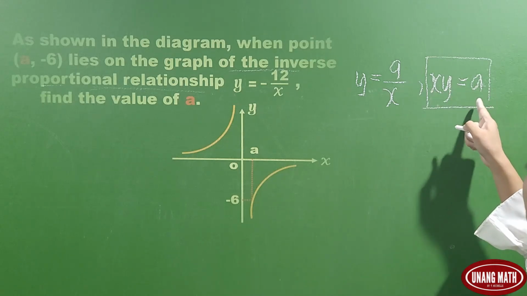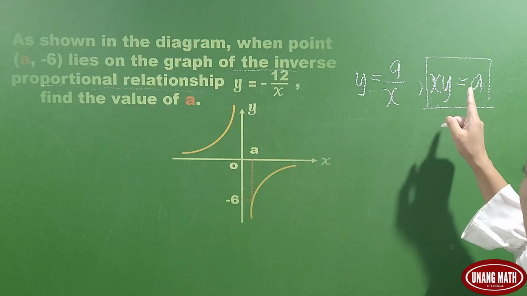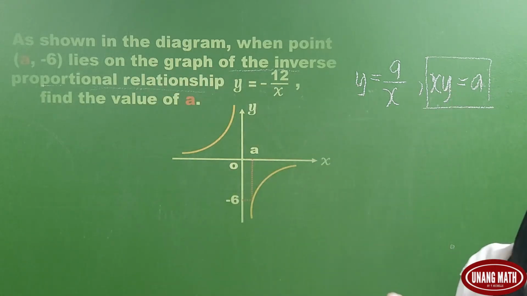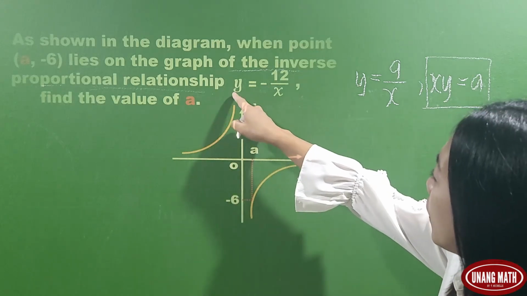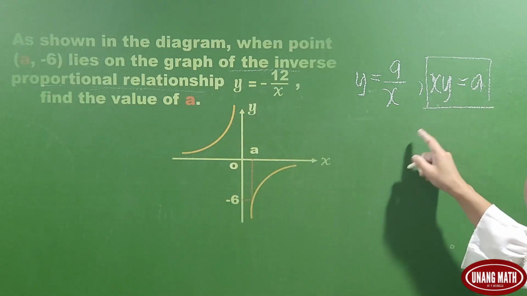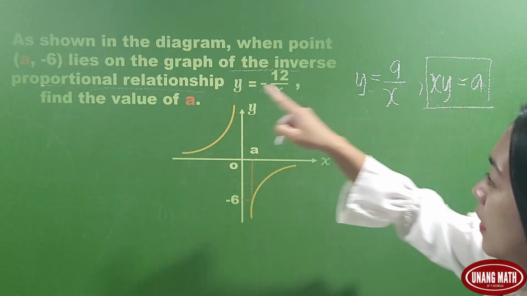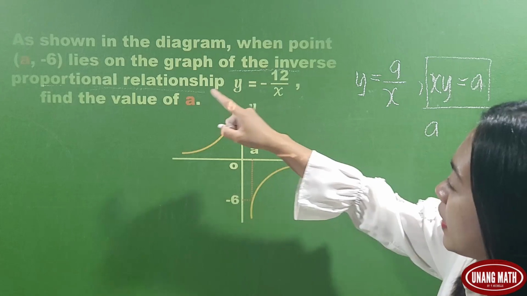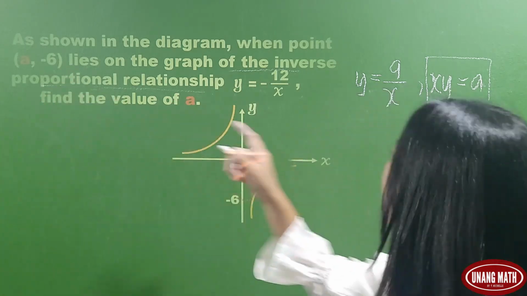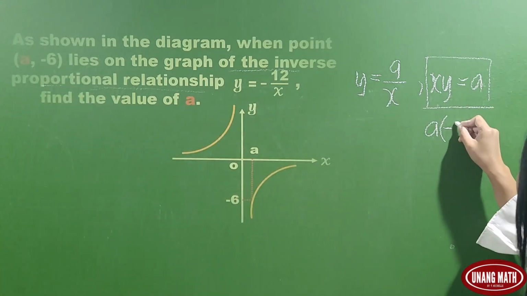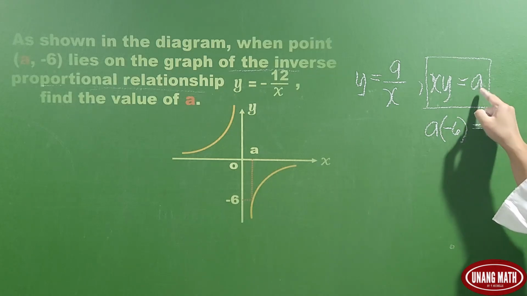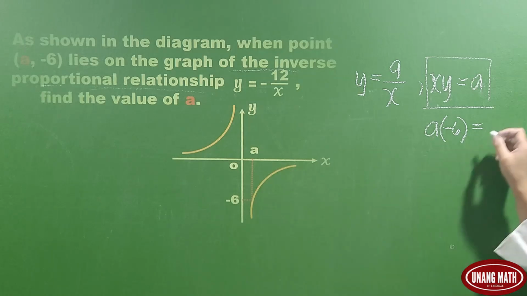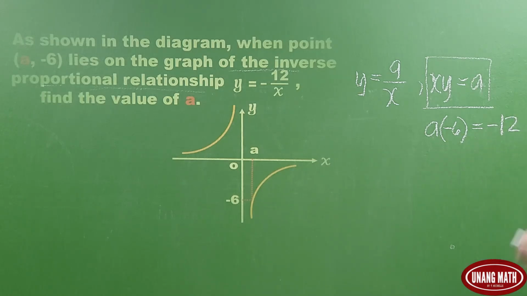So what we need to do is just substitute these values in this equation. x would be a and y would be negative 6. So a times negative 6. What about the constant? The value is negative 12. So this equals negative 12.